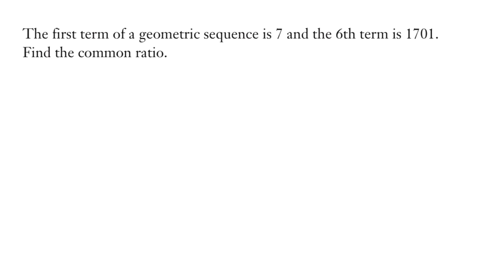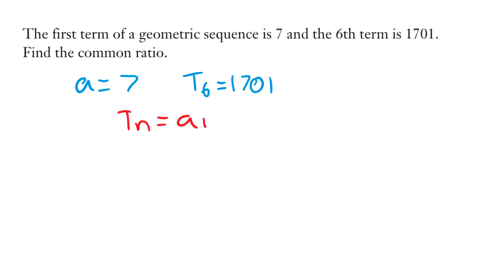The first term of a geometric sequence is 7, and the sixth term is 1701. Find the common ratio. Let's start by writing down what we know. And we know T6. Alright, remember our formula. We're going to be using our sixth term, so we know n can also equal 6 for this example.